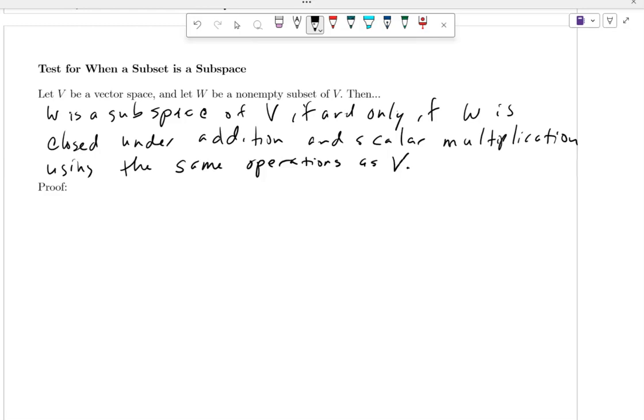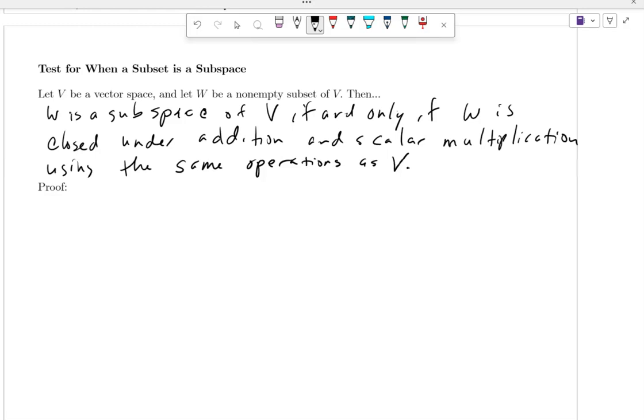Okay, so the proof, we've already kind of talked about the proof, but we'll go ahead and write it down so that we have it all in the same place. All right, so one of the reasons why I want to talk about the proof here is notice that this is an if and only if statement.